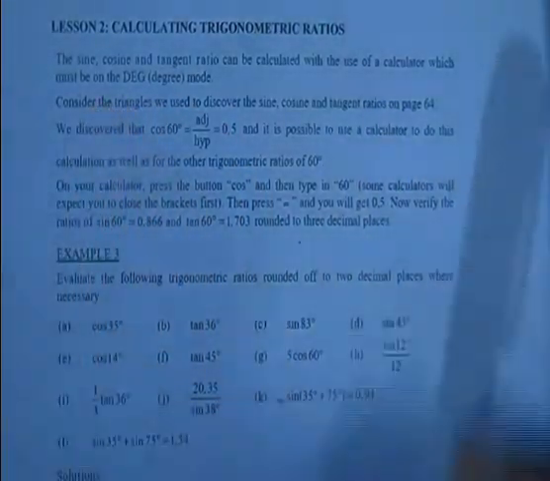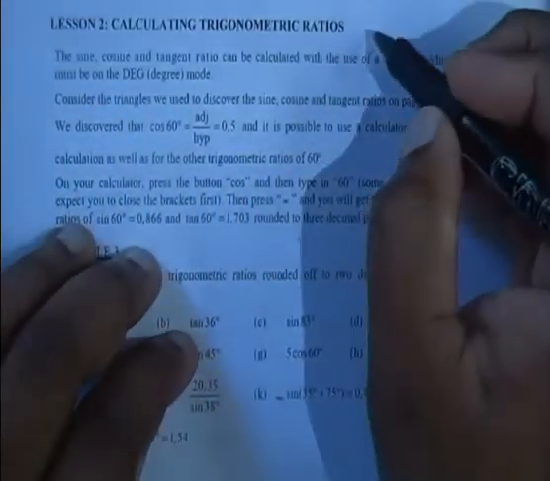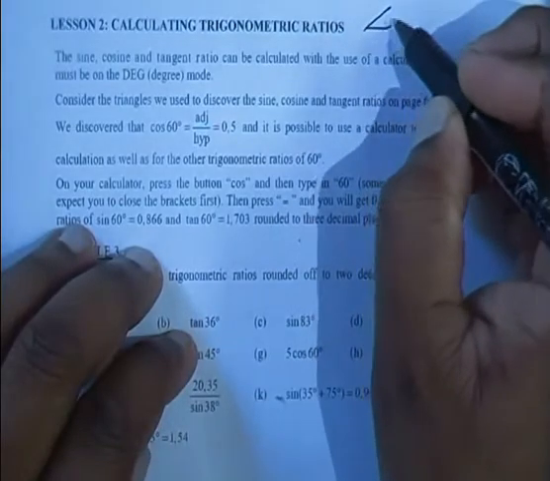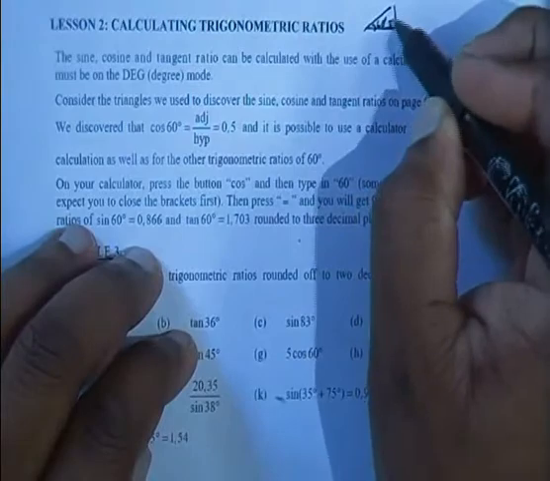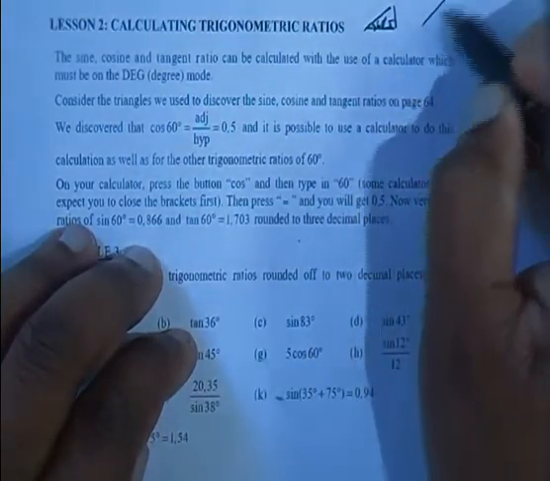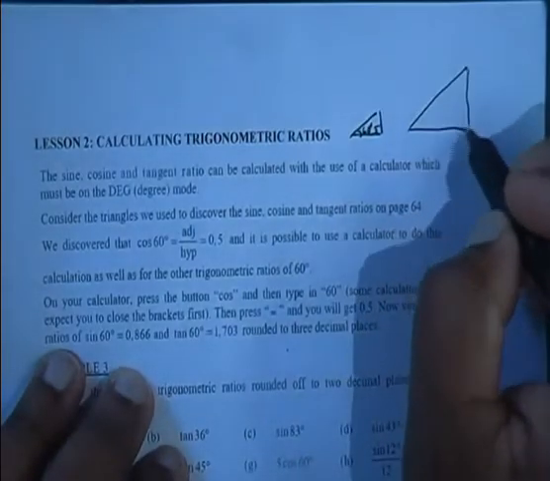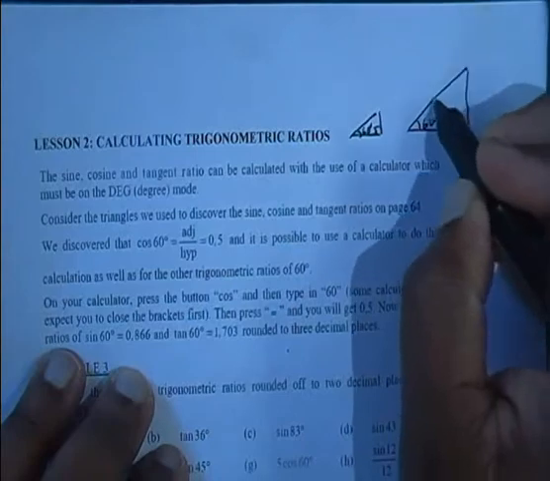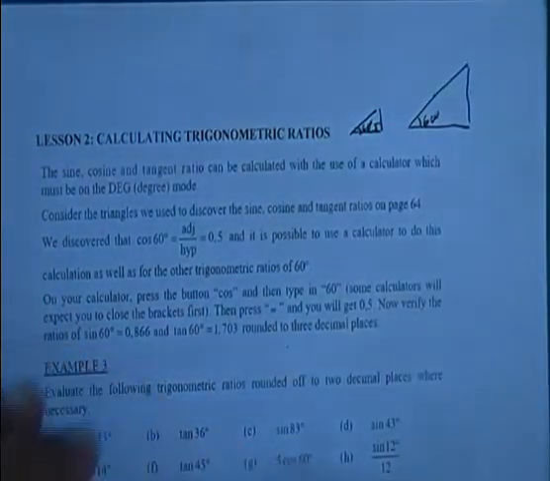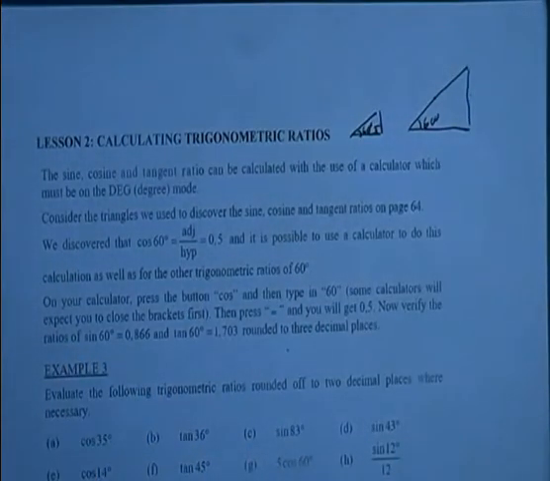If you've got a very small triangle with a 60 degree angle, and another bigger triangle with a 60 degree angle, the adjacent over the hypotenuse must give you the same answer, because those two triangles are similar.